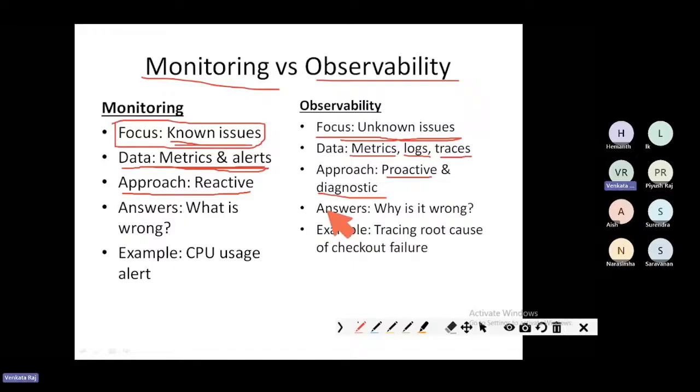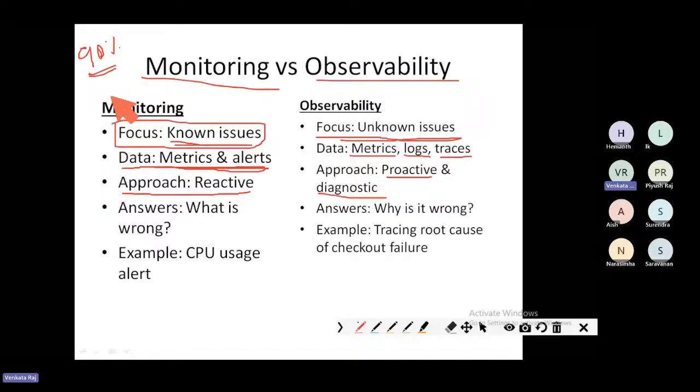If my CPU utilization reaches 90%, I'll get an alert from the system. So let's say the CPU utilization of your server reached 90%. Okay, 90%. So what will happen? You will get an alert that your CPU utilization got to 90%. So that is a metric.